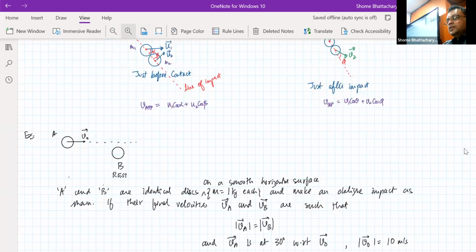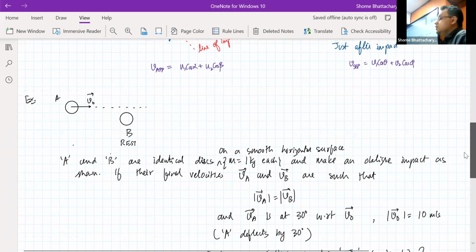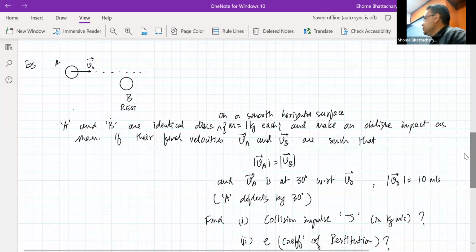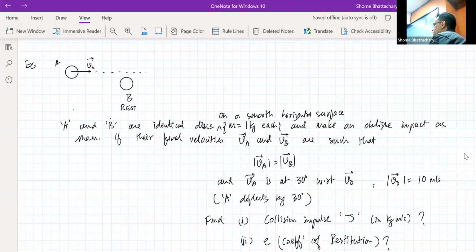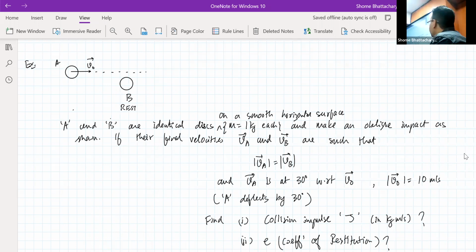Now what we were asking is how we will find these angles. We'll see that the geometry of the problem will lead us to finding the angles. One of the angles is given, because it said that particle A is deflecting by 30 degrees. That means if we compare the initial picture with the final picture, A was coming along that dotted line, and after impact it will go off at 30 degrees to that. Another piece of information given is that mod VA is equal to mod VB.